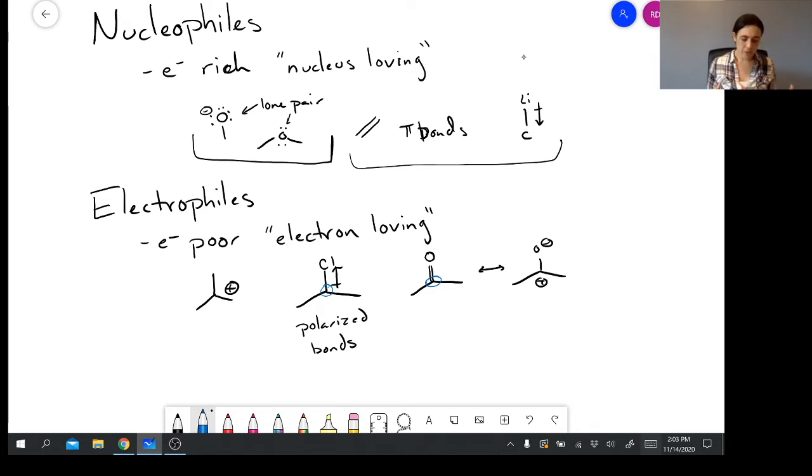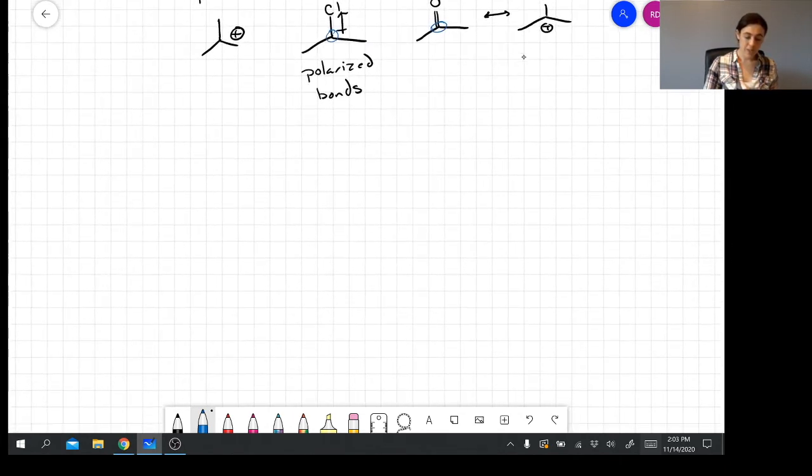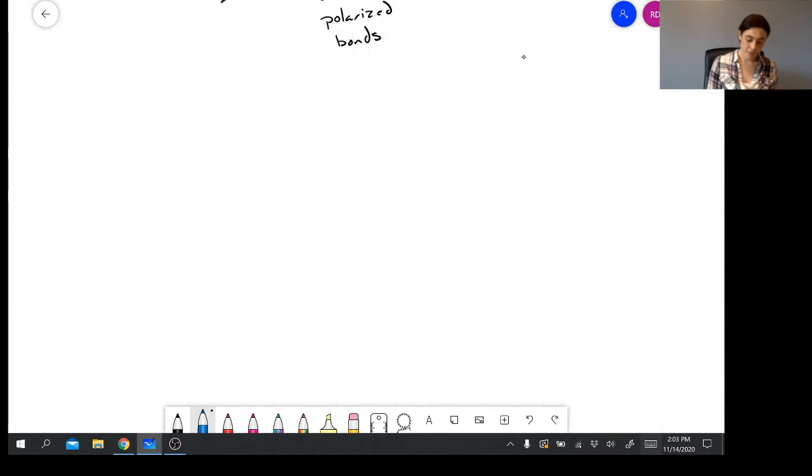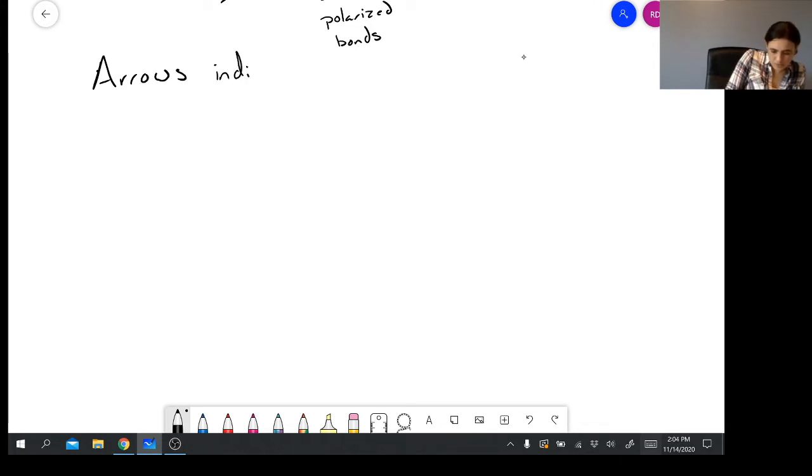All right, so now that we've defined kind of where the electrons are and where they want to be based on functionalities of molecules, let's talk about how we decide or draw arrows to indicate that they are moving between these sites or sharing electrons between nucleophiles and electrophiles. So arrows indicate movement of electrons.